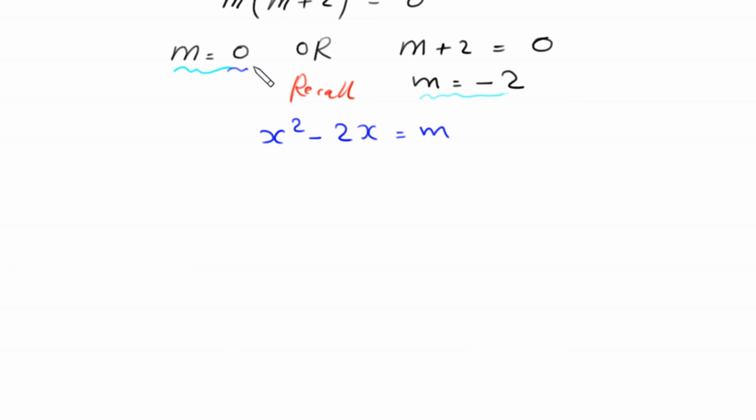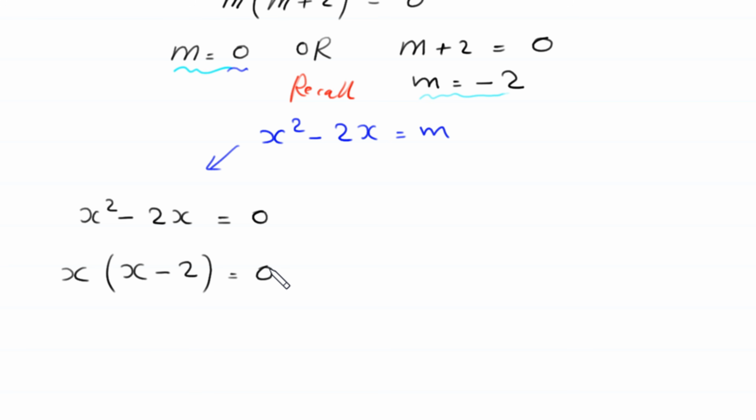So when m is equal to 0, then this equation will become x squared minus 2 times x is equal to 0, and from here we can factor out x as common factor, and in bracket we have x minus 2 is equal to 0. Now from here either this x is equal to 0 or this x minus 2 is equal to 0, and from this equation x is equal to 2.